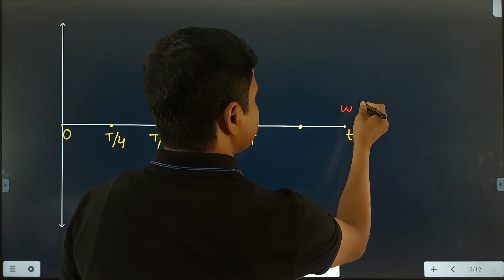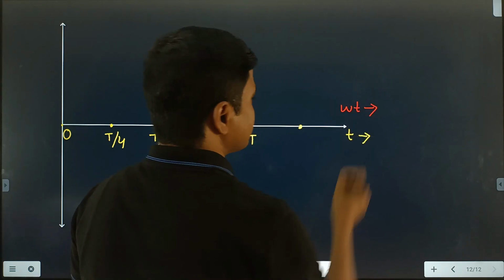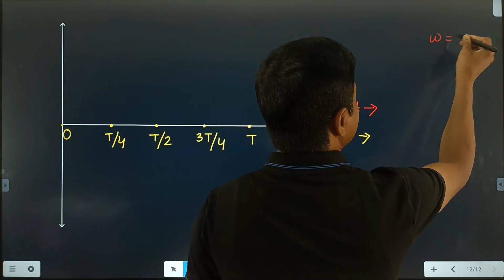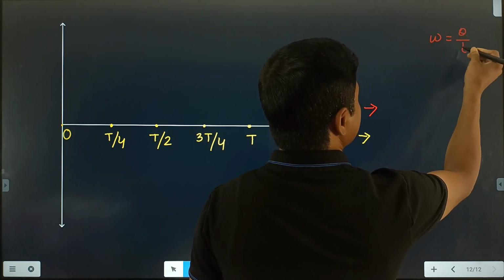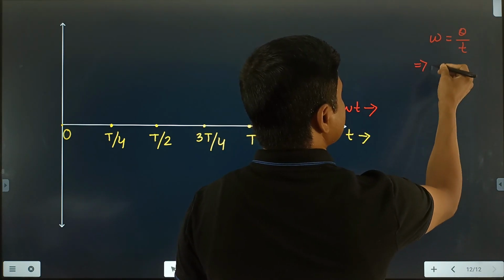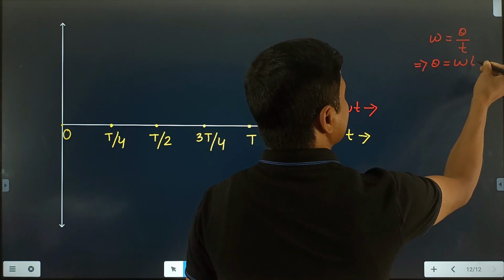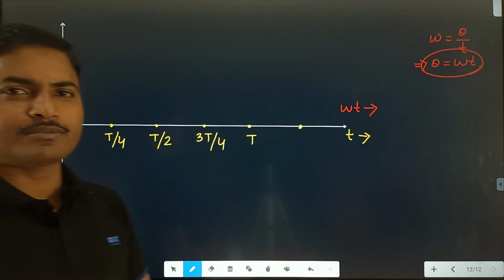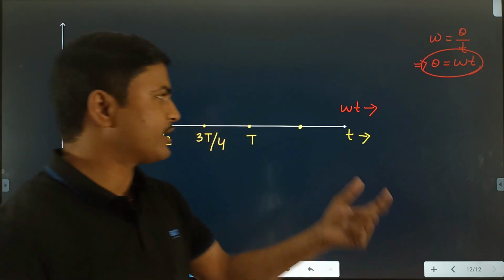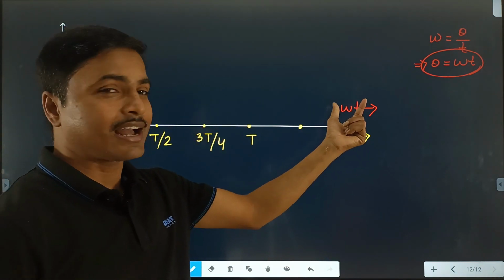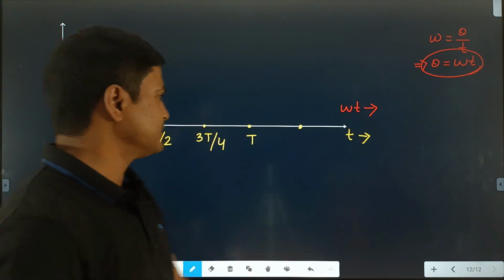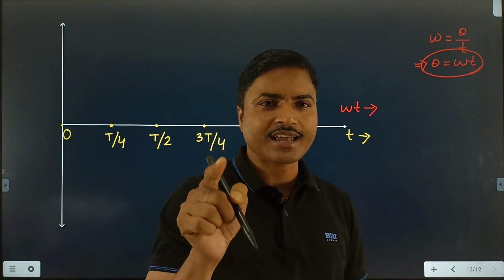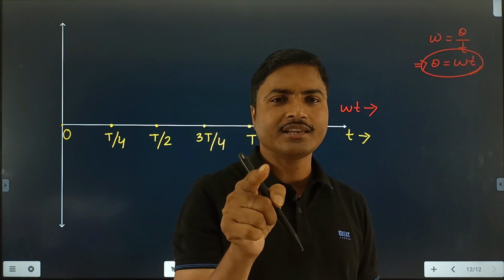And if we take omega t along the x-axis, you know this formula, omega is the angular velocity, equal to angular displacement by time. That implies theta is equal to omega t. That means omega t is the angular displacement. That means if we take angular displacement or angle along the x-axis, here T means time period. Time period means time taken to complete one cycle.